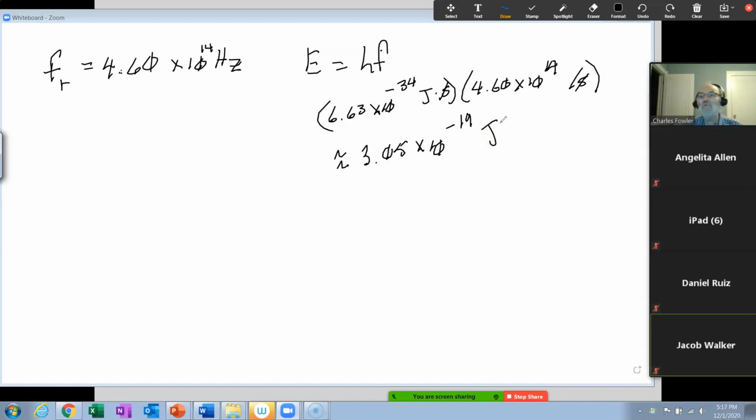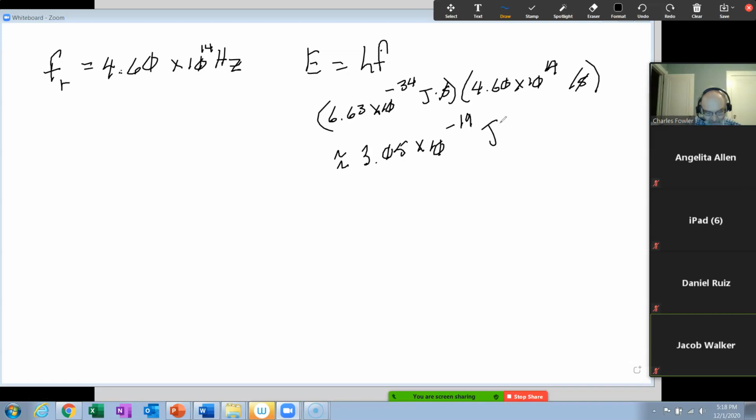So it's an incredibly small amount of energy for one photon. But of course you've got many millions of billions of trillions of photons, so it does come out to a certain energy. Your book gave you 3.05 times 10 to the minus 19 joules.